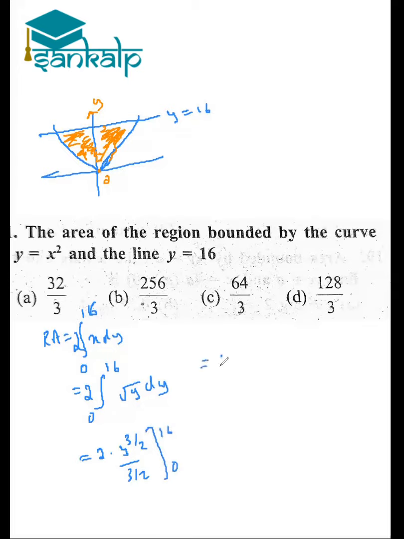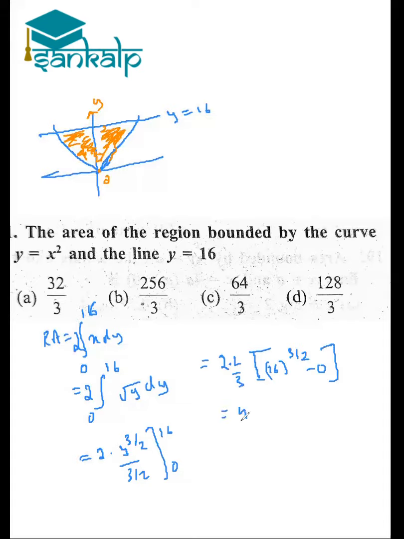So on simplifying, we get 2 into 2 by 3 y raised to 3 by 2 under the limits 0 to 16. That is 16 raised to 3 by 2 minus 0.